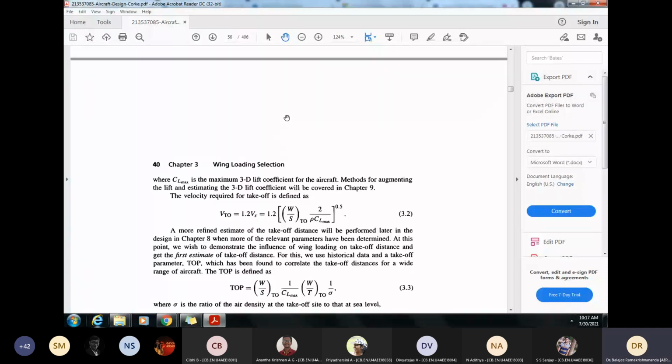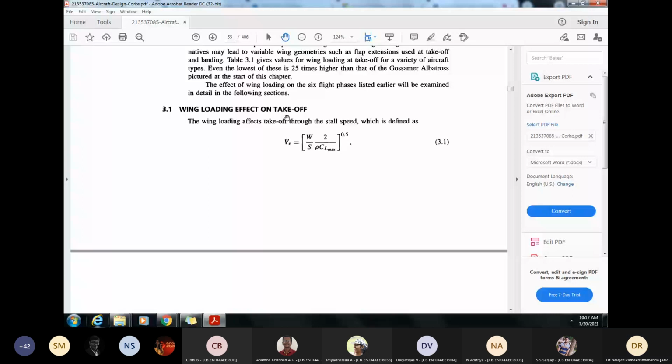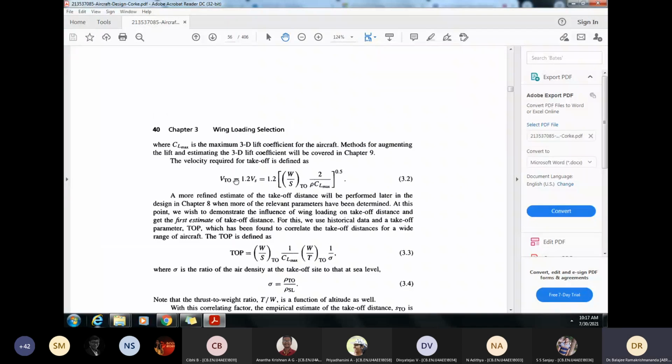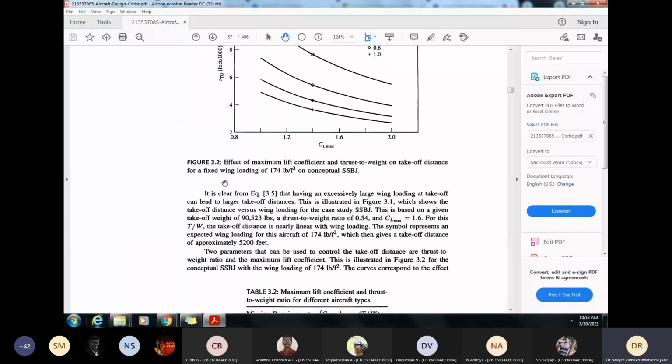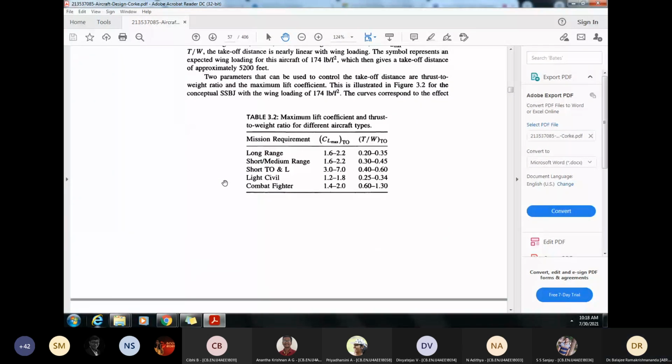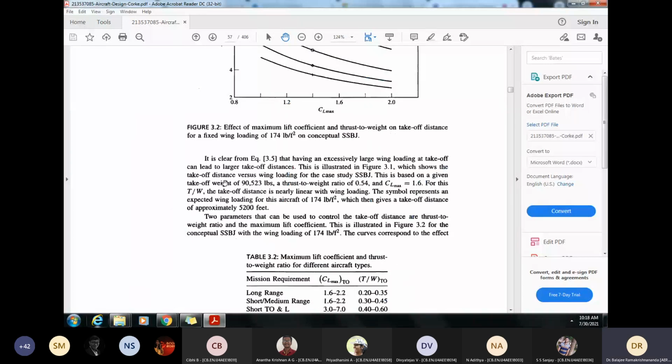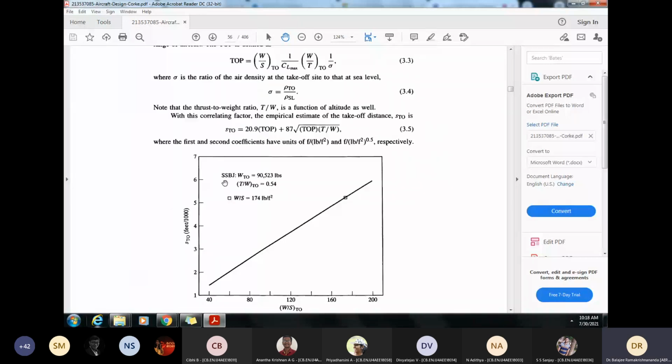Right now we'll make the following approximation. We'll assume that takeoff velocity is equal to 1.2 times the stall velocity. For some aircraft it may be 1.1, but right now we'll assume 1.2.